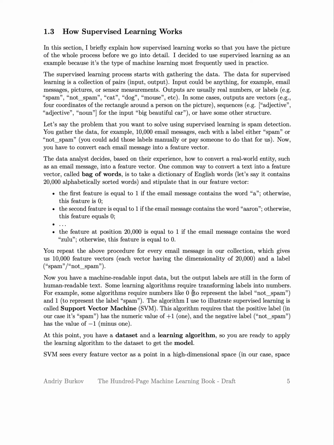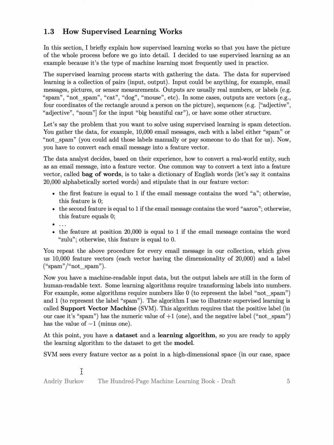So you can go to your label encoder and re-encode your not spam from 0 to -1. Now you have a data set and a learning algorithm, so you're ready to fit the learning algorithm to the data set.